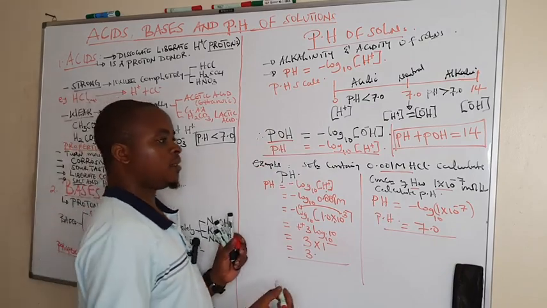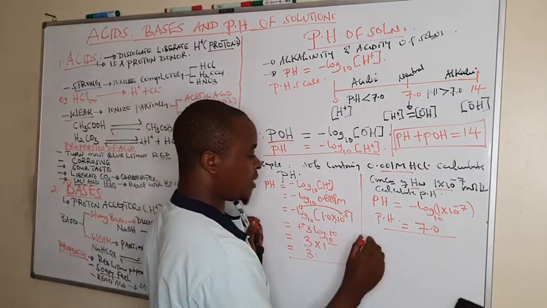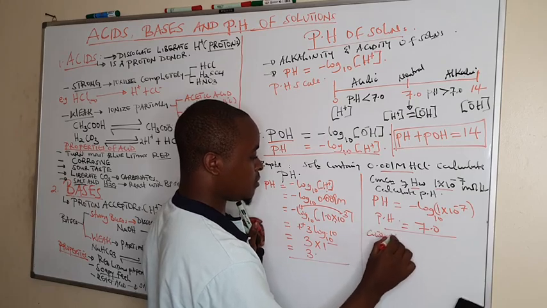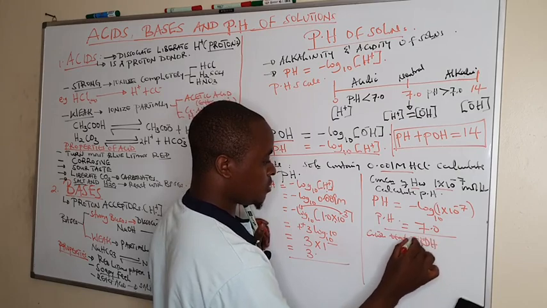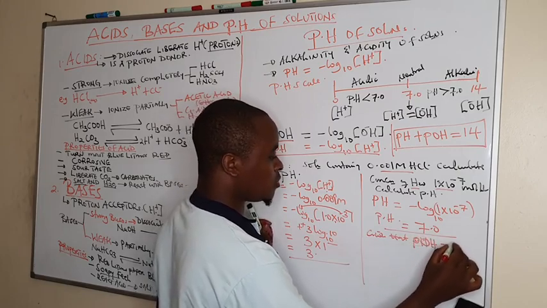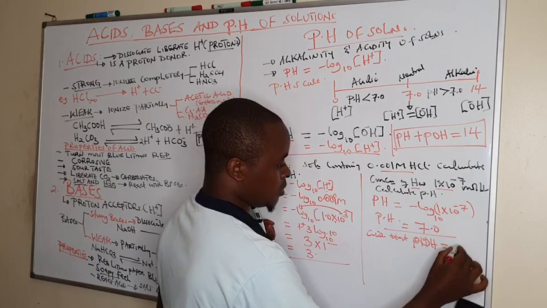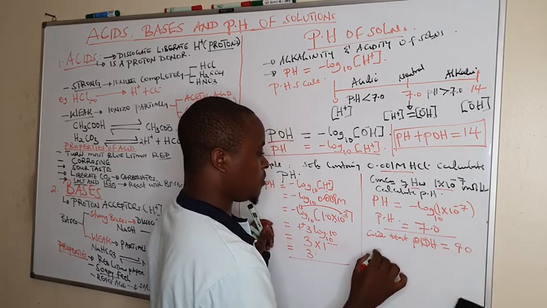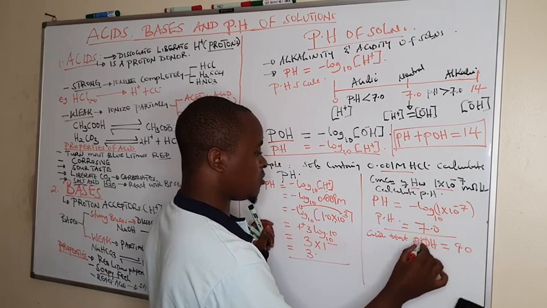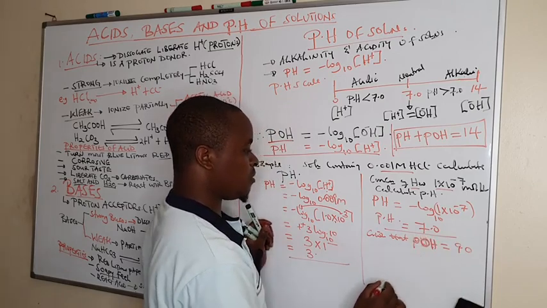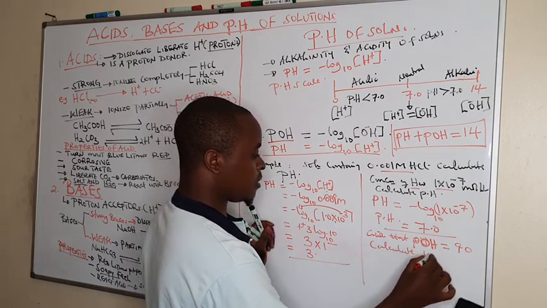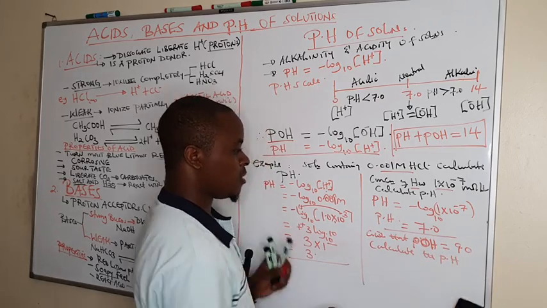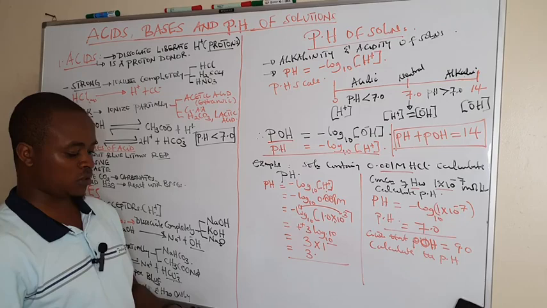Then lastly, they can tell you to calculate the pH, given that the pOH of the solution is equal to 9.0. And how do you calculate this pH?